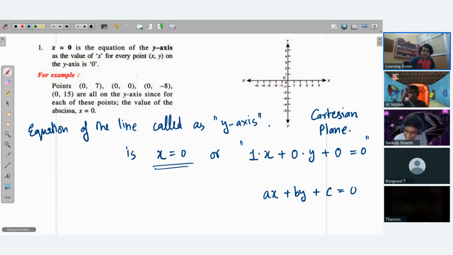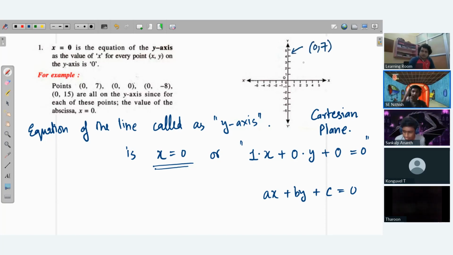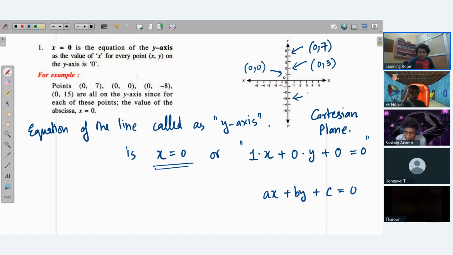So why is x equal to 0 the equation of the y-axis? Every point here looks like this, right? The first place, which we call the abscissa, look at the first place of all these ordered pairs. What is it? 0.